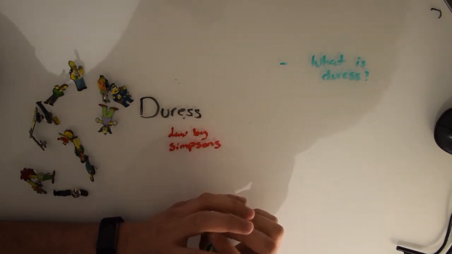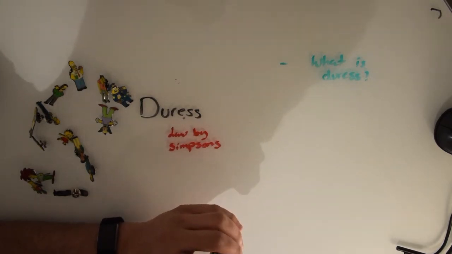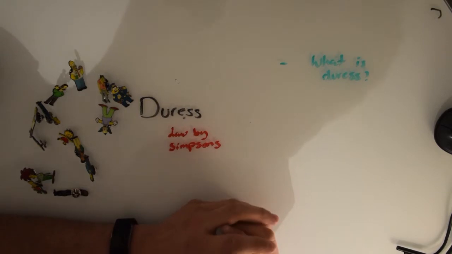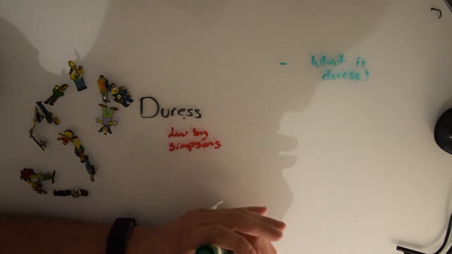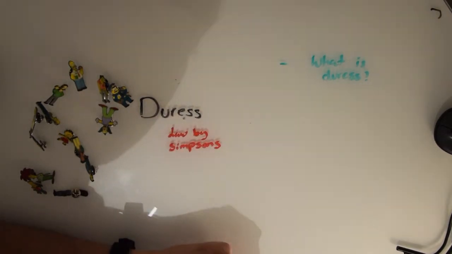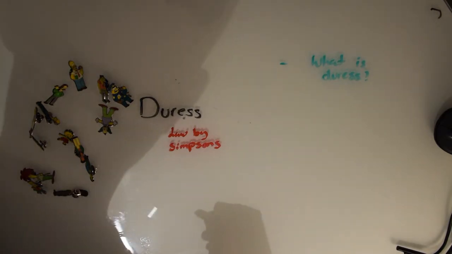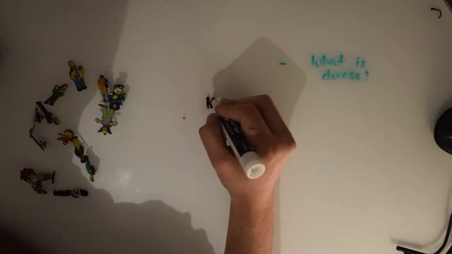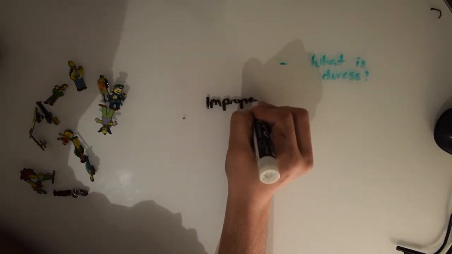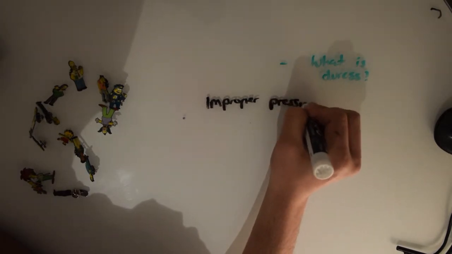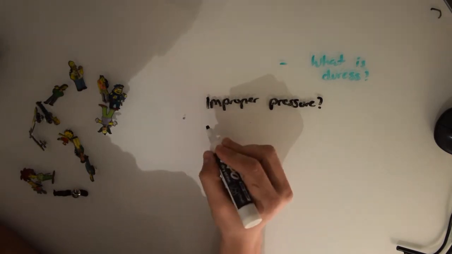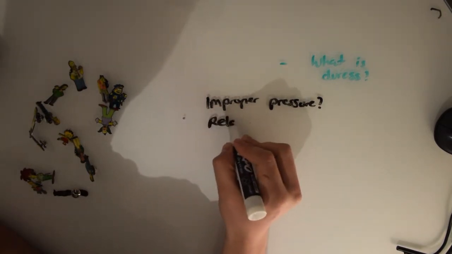So, the first thing I'll do is go through generally the elements of duress. Firstly, I have to ask: was the pressure improper? In addition to that, whether there was a relationship between the parties.